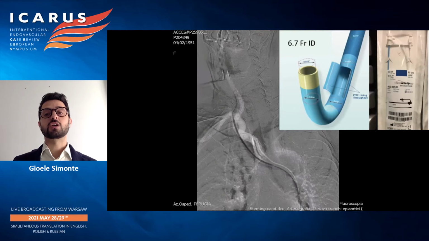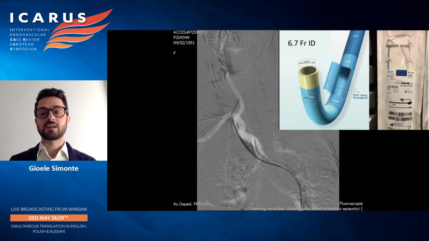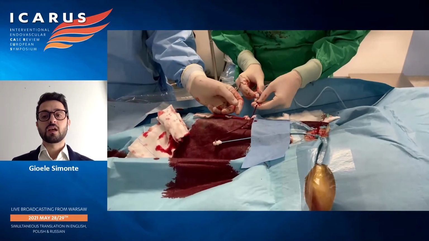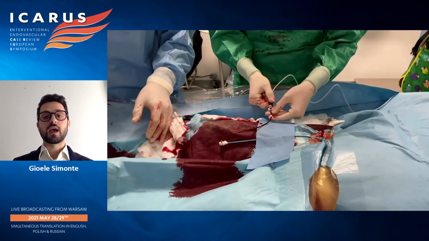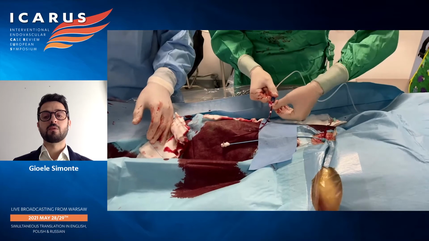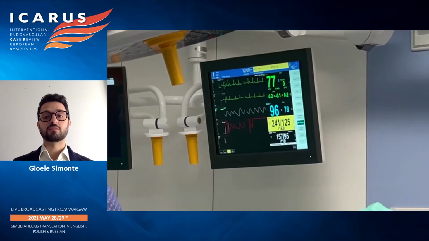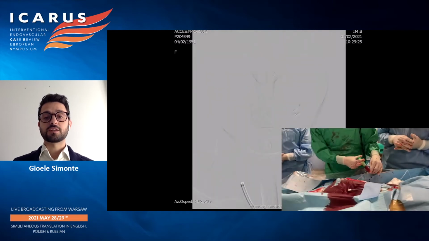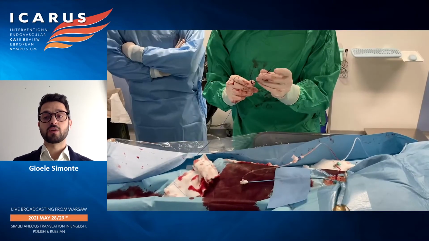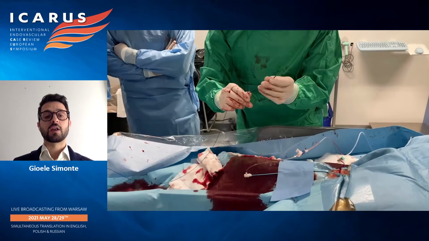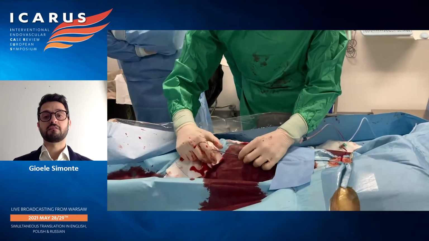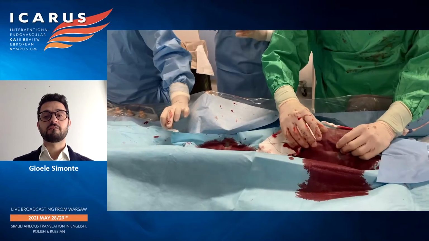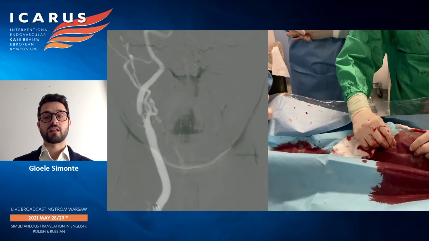An 8 French guiding catheter, 6.7 French inner diameter, is used as a long introducer sheath and advanced to a final stable position a few centimeters proximal to the carotid bifurcation. The arterial line is then switched and connected to the guiding catheter, and the working projection is identified, injecting contrast again.